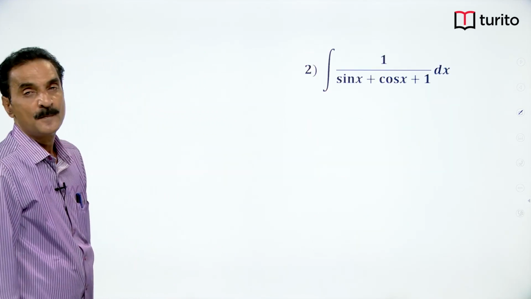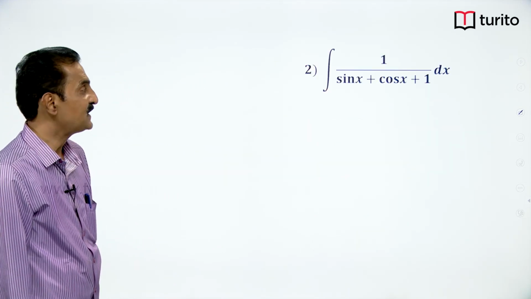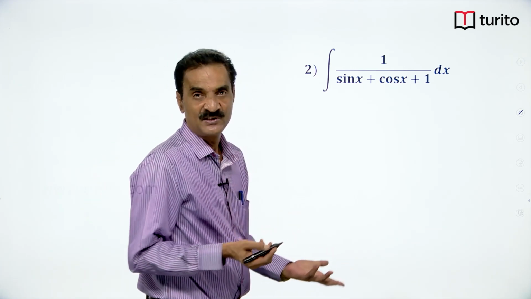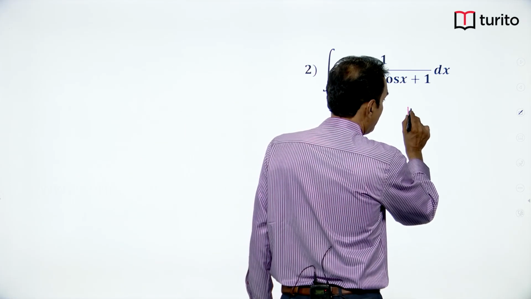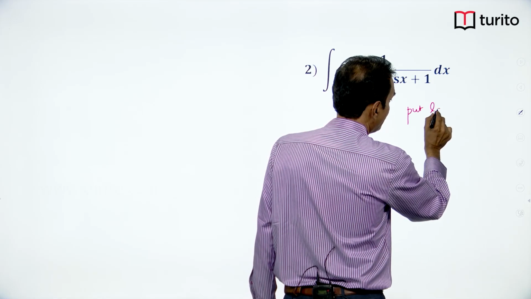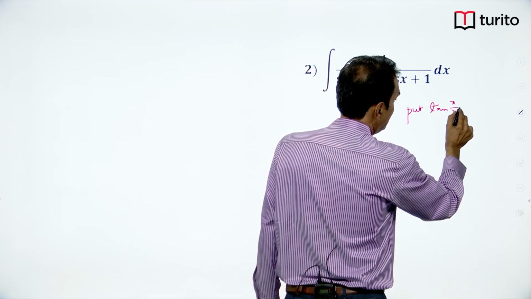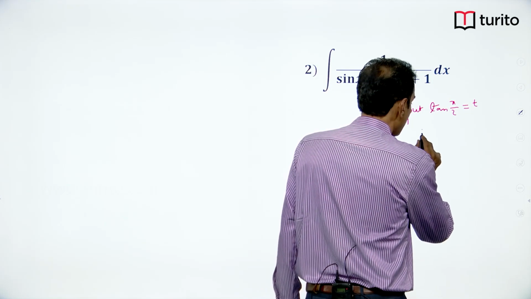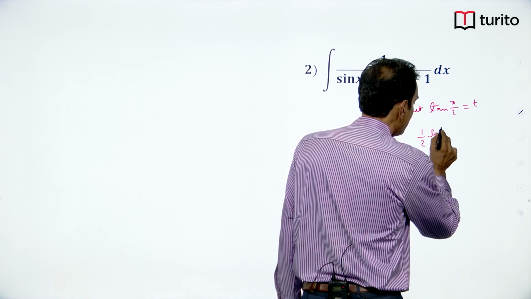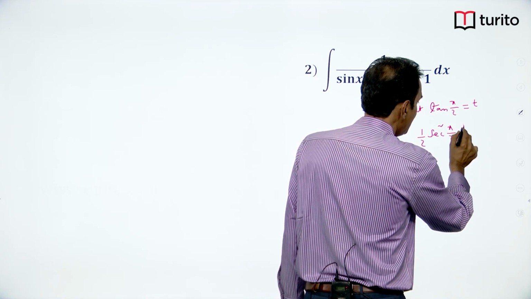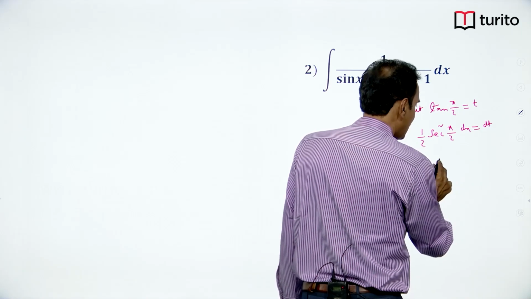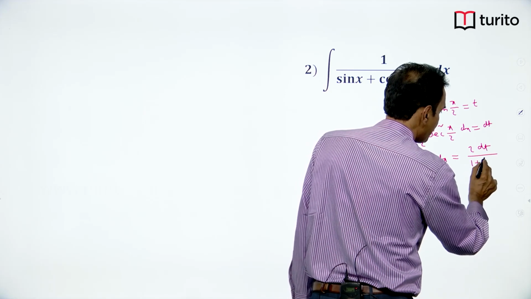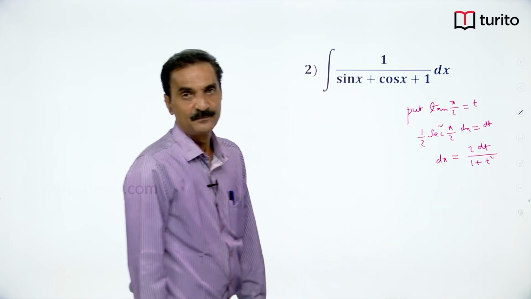Next question, integral 1 by sin x plus cos x plus 1. Let us solve. Method is same, substitution is same. Put tan x by 2 is equal to t. Then half secant square x by 2 dx is equal to dt. I will directly write dx is equal to 2 dt by 1 plus t square.